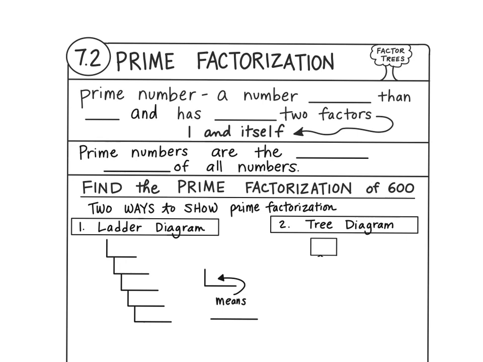So a prime number is a number that is greater than 1 and has exactly two factors, 1 and itself.